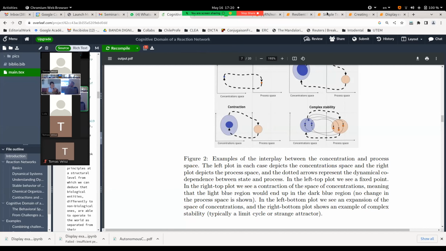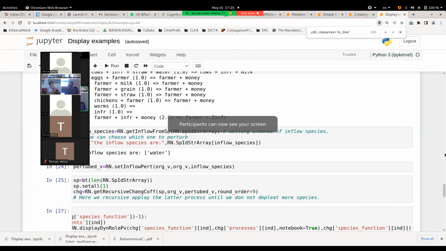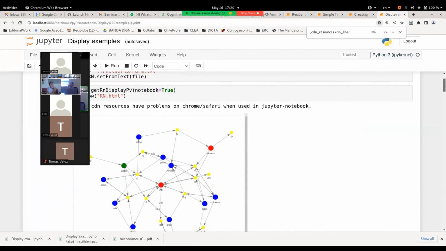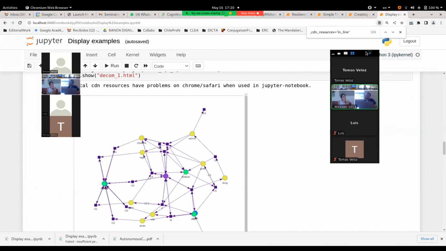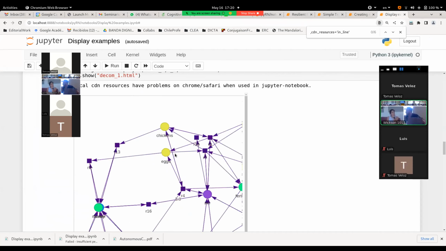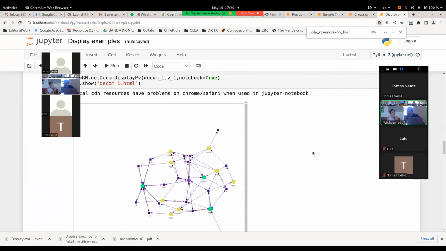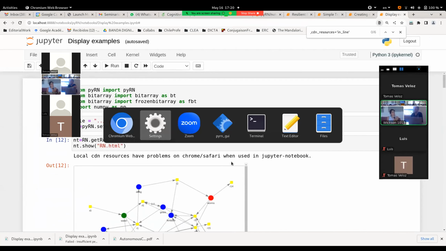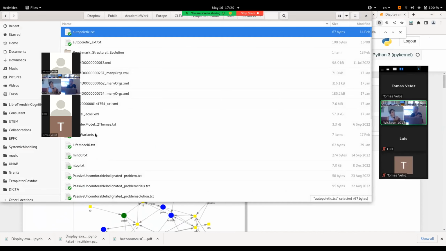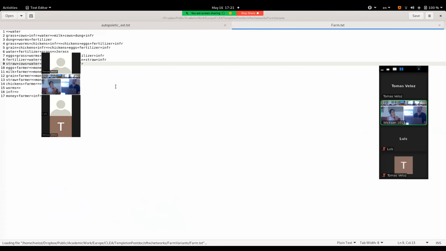Okay. This one, Pedro? We can look at the decomposition here. Oh, yeah. Okay. So I'm not sure if, okay. So we got here an example that represents a farm. Let me show you the farm example. Can you read that, or is it too small?